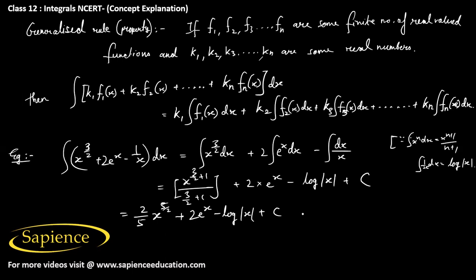And then we can also see another example. Suppose we have to integrate 3 cosec x into cosec x plus 5 cot x into dx.